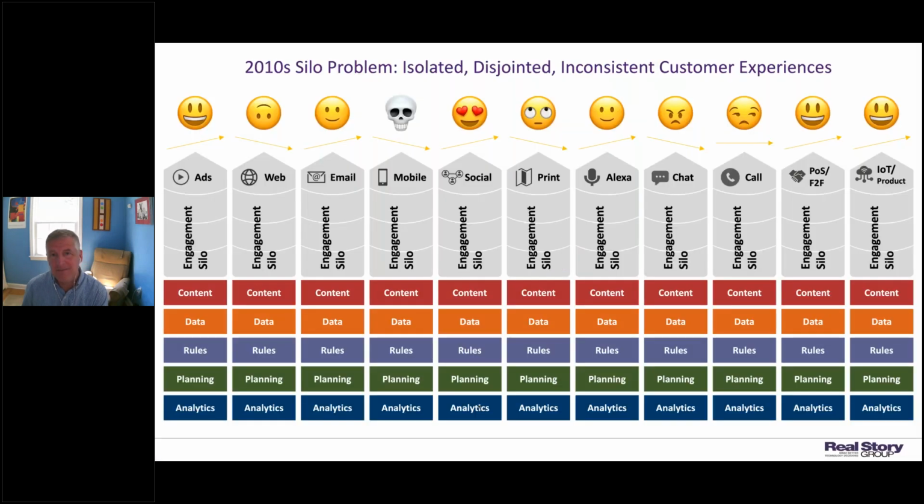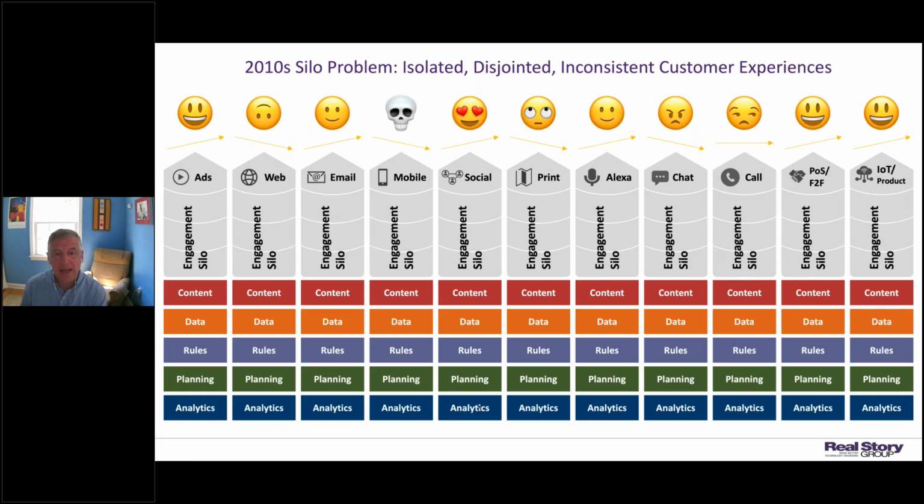For most of us, the 2010s have bequeathed us a legacy of the silo problem. We've had this tremendous horizontal expansion of engagement silos. And the problem is that many of these tools then expanded vertically to include their own content management, their own data management, their own rules, their own planning, their own analytics.